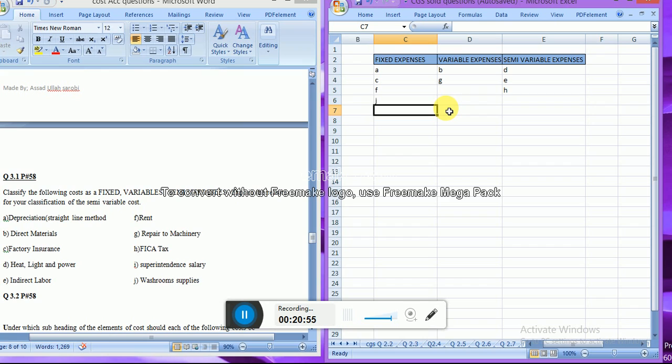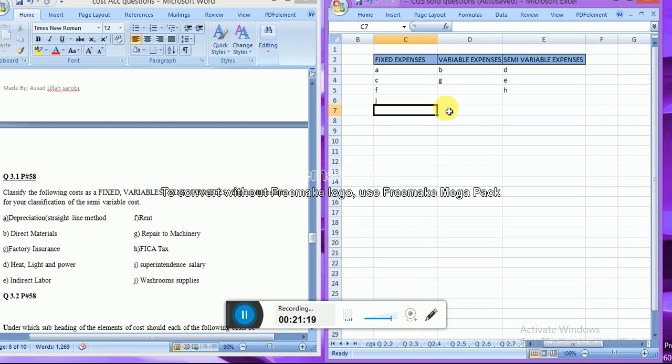Sometimes the washroom supplies are working properly, so there is no need to change or repair them. Sometimes some washroom supplies are damaged, so we change them.